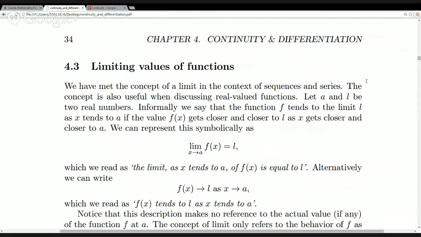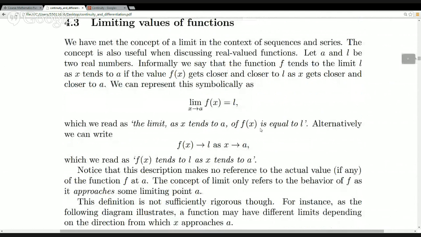So we talk about the limiting value of a function, but now we're not taking a limit as n goes to infinity, where n was the index of the sequence term, or taking the sum of the sequence term over all the sequence indexes as n goes to infinity, because this time we've got a real argument x for the function.